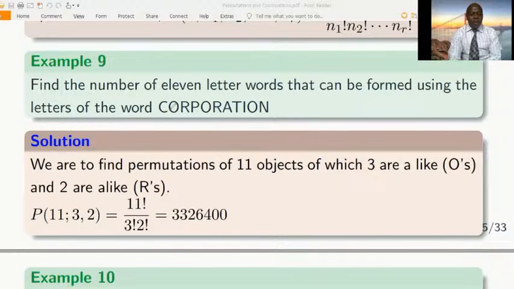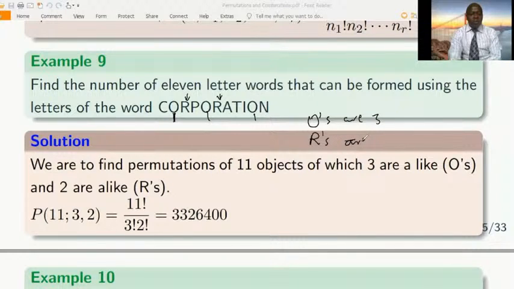Now, when you look at these letters, you discover that some of them are similar. For instance, you have an O, and O. O appears 3 times. O's are 3. And then we can also see that we have R, which is similar to the other R. R's are 2.